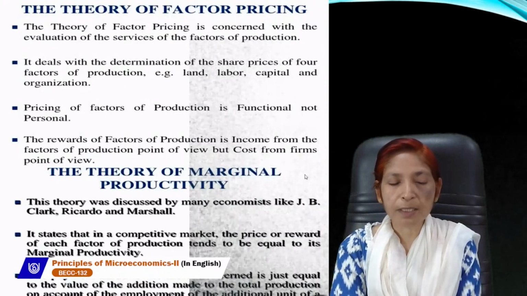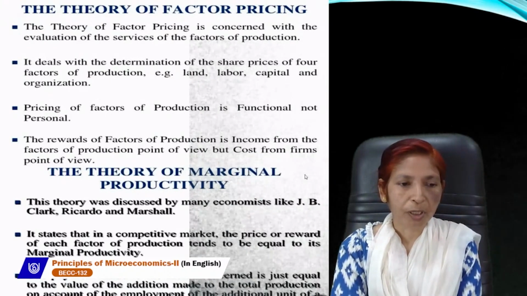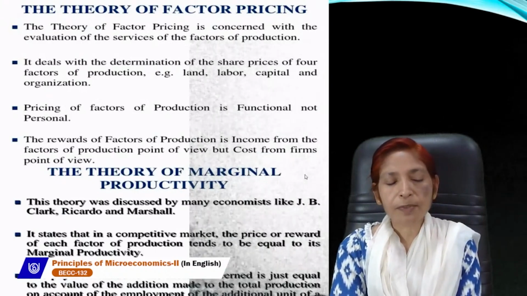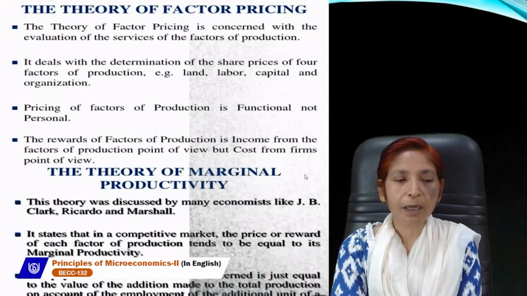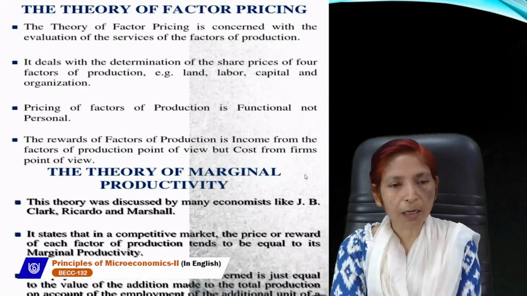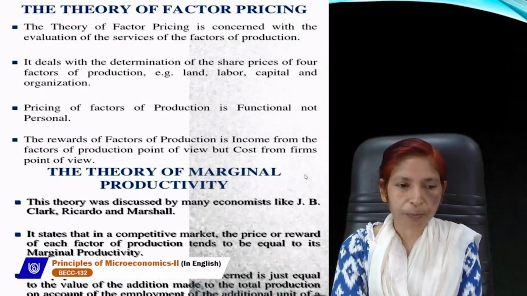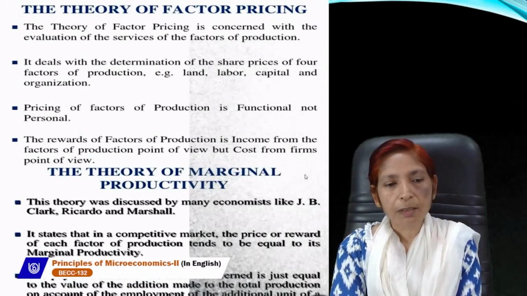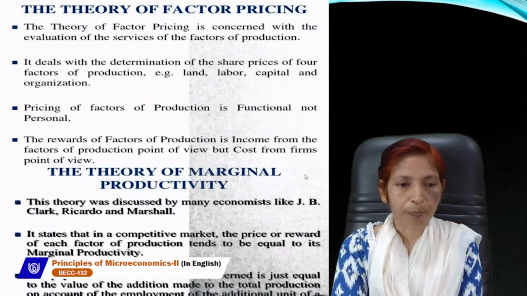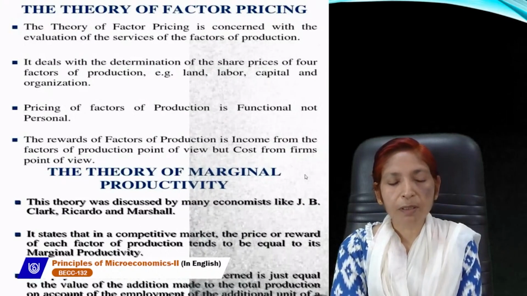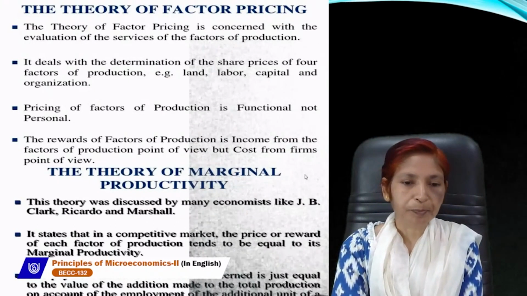J.B. Clark presented the marginal productivity theory. Ricardo gave the rent theory. Rent is the reward for using land, and land is also the main producing factor or input. Marshall gave the theory of quasi rent, which is also related to man-made things or man-made goods.